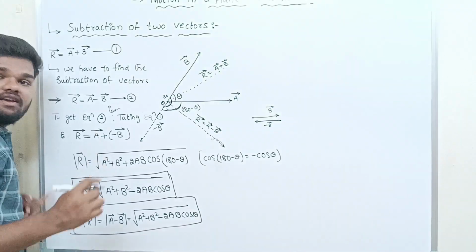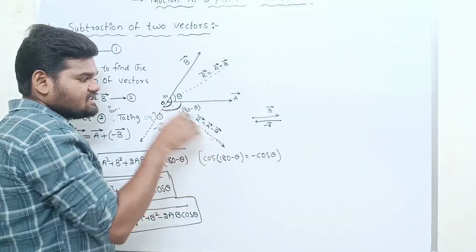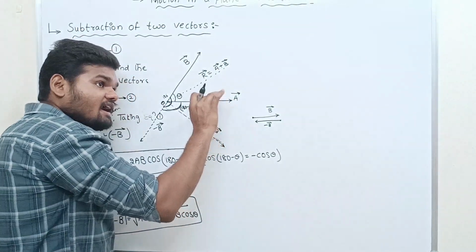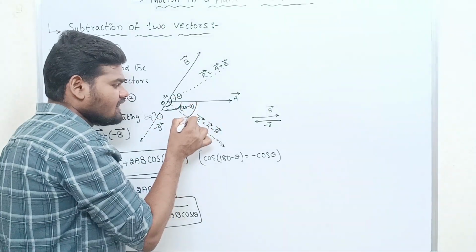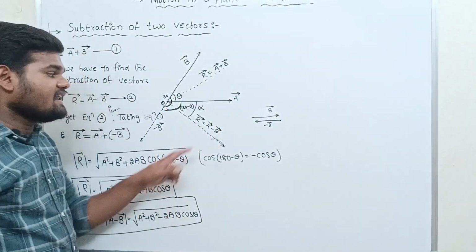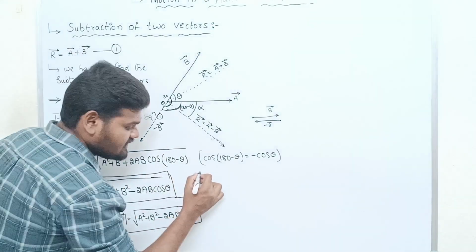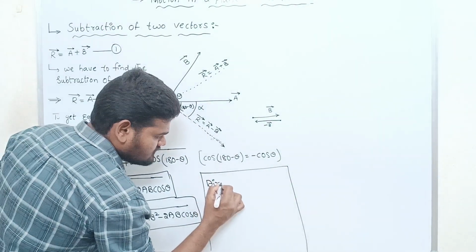Are you getting? Now, if you want to find the direction of the resultant vector, we have to take the a bar vector as a reference line, and the resultant vector makes an angle alpha with the a bar vector. So the direction of the r bar vector is given by tan alpha.